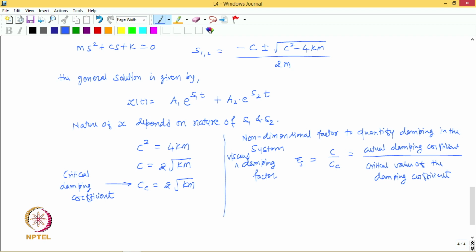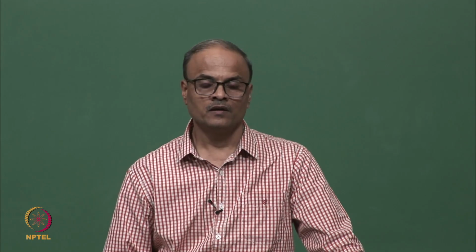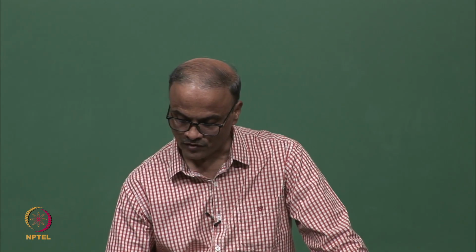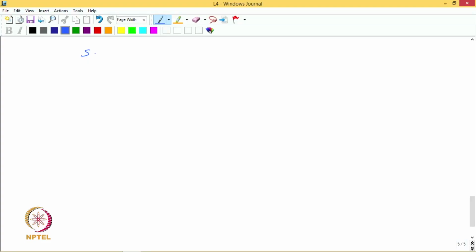So, let us now rewrite these roots in the form of damping factor and natural frequency of the system. So, we have S12 is equal to minus C plus minus under root of C square minus 4km divided by 2m, and this we can write as minus C upon 2m plus minus, right.